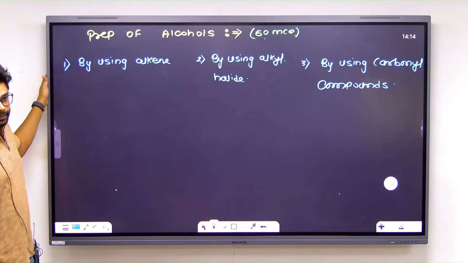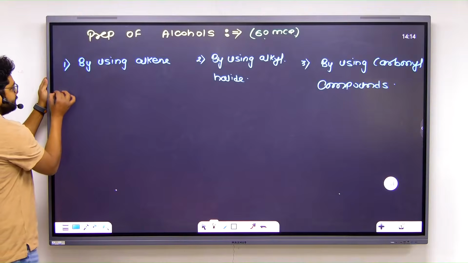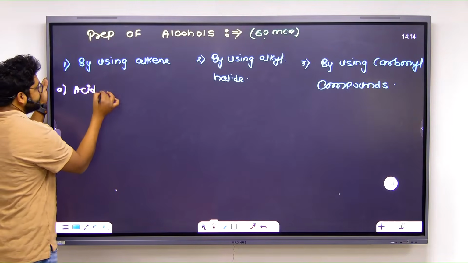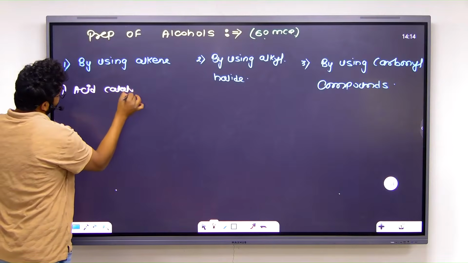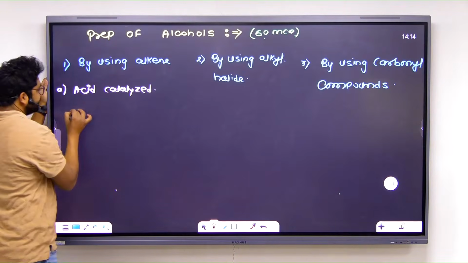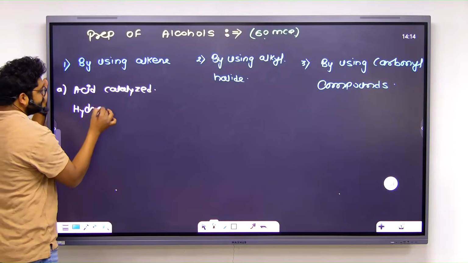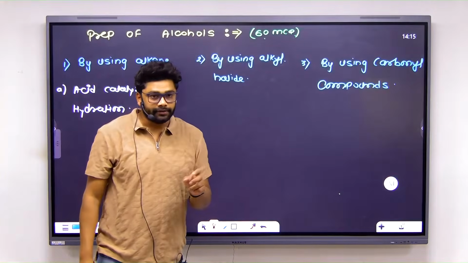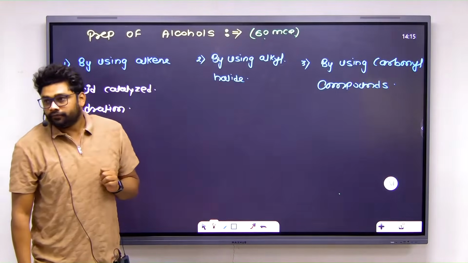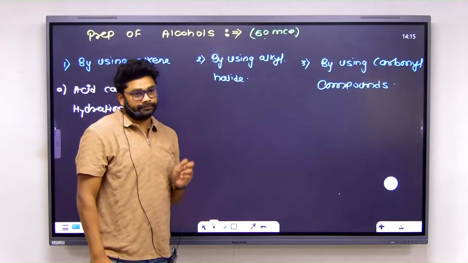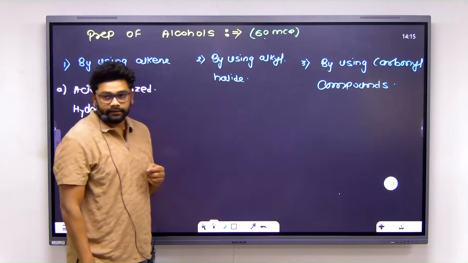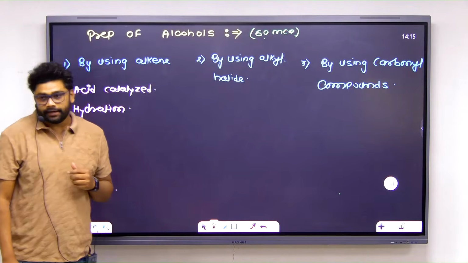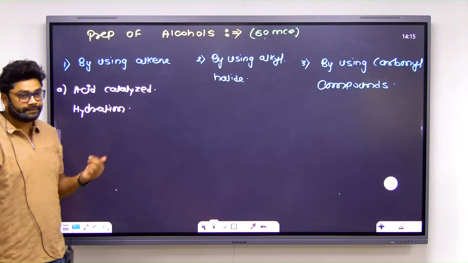In case of alkene, there are three methods. First is acid-catalyzed hydration. This is the first method where you are going to add water into the alkene for the preparation of alcohol using a dilute acid which behaves as a catalyst.